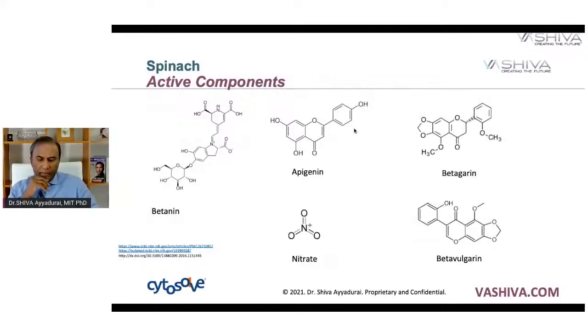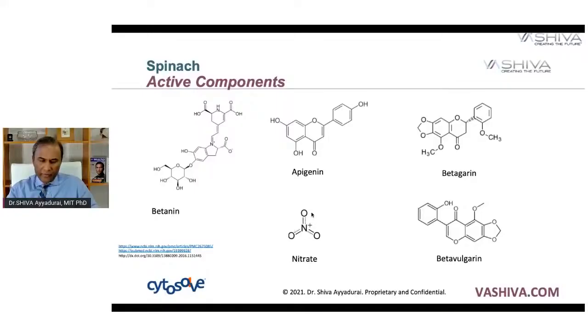And here are the molecular structures of these compounds. If any of you have taken organic chemistry, you'll appreciate these ring structures. If you notice, betanin has a number of OH groups, these are oxygen hydroxyl groups. Apigenin has a number of hydroxyl groups in these ring structures.